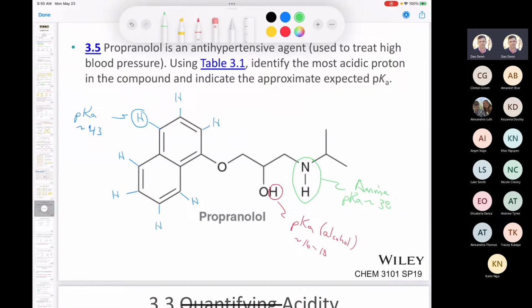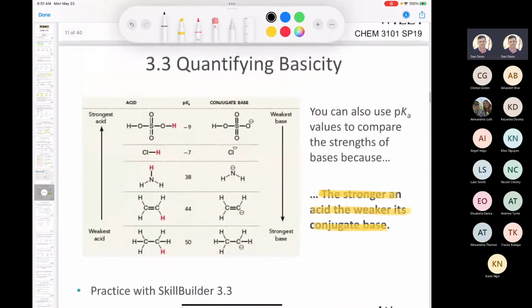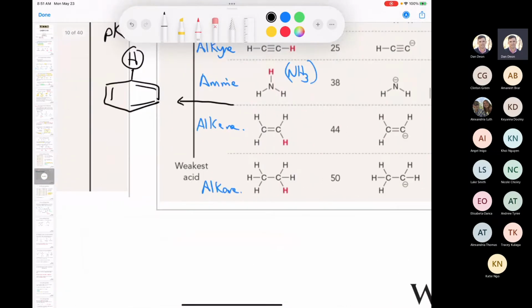And that's about it. And if you're wondering, well, hold on, Mr. Dion, there's a bunch of other protons. You have 2 here, 1 here, 2 here, 1 here, 3 here, and 3 more here. But all of those protons that I have highlighted in black are all on sp3 hybridized carbons.